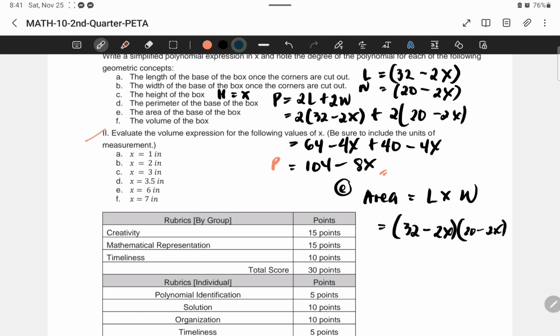Okay, so using the FOIL method, so just multiply them. So 32 times 20, that is 640. Okay, negative 2x times negative 2x is positive 4x squared.